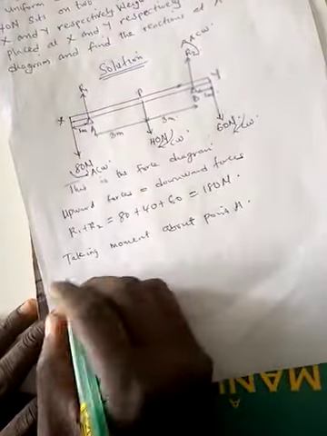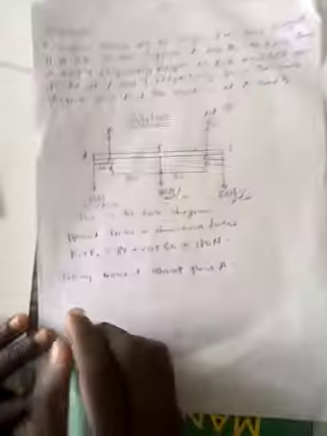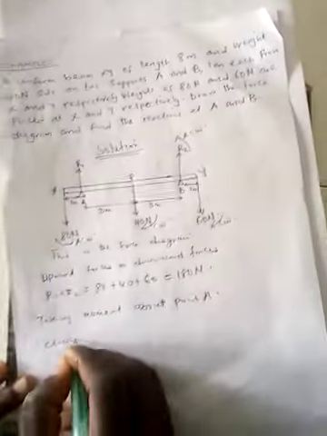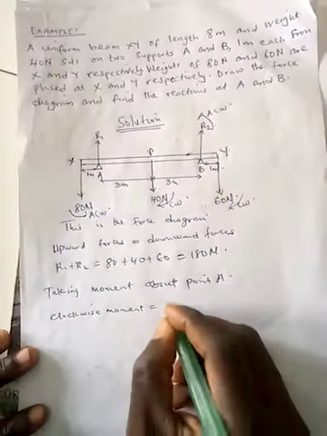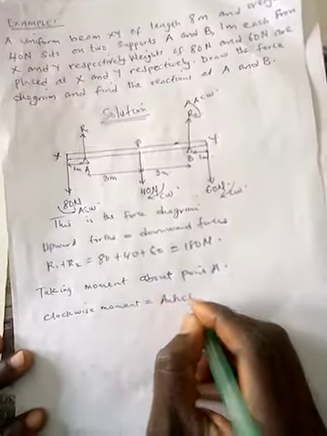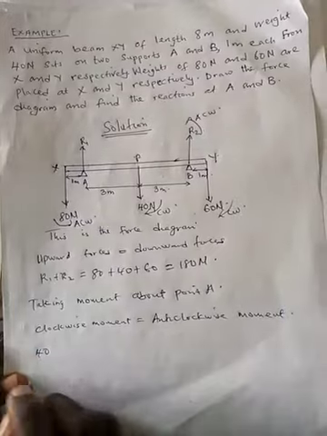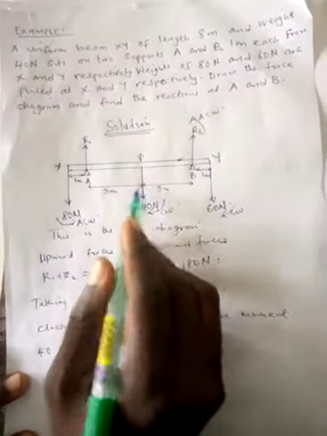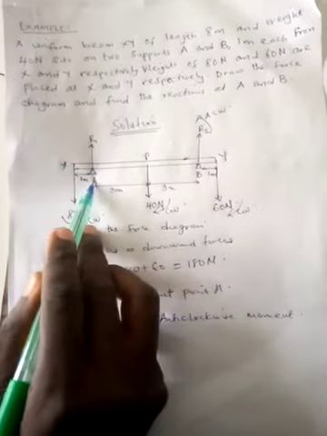So we know that for the object to be in equilibrium, clockwise moment is equal to anti-clockwise moment. So let's get the clockwise moment. We'll start with this clockwise moment. The force there is 40 newtons. Then the distance between the 40 newtons and the pivot A is 3 meters.